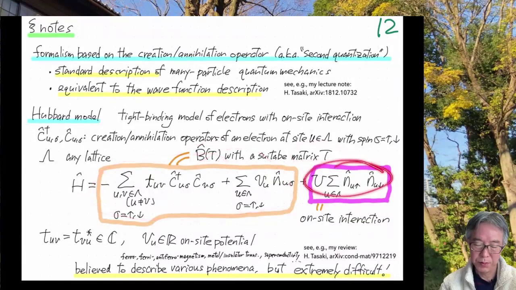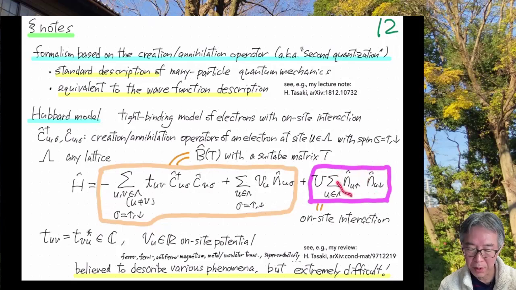And this is new. This is the Hubbard interaction, the on-site interaction. Here you have a sum over all lattice sites U, and here's a product between n_U up and n_U down. The number operator, as you recall, has eigenvalues 0 or 1. So it's a product.